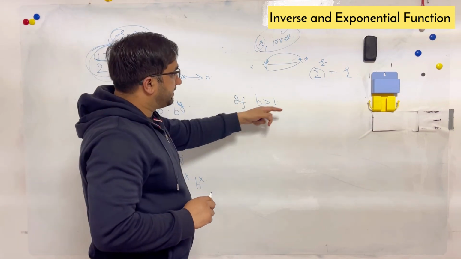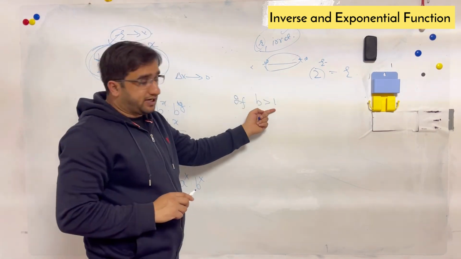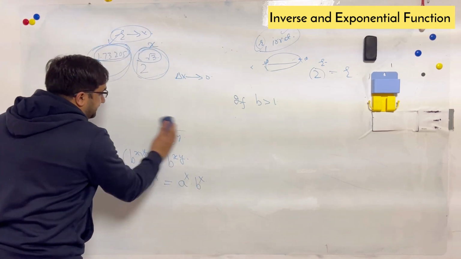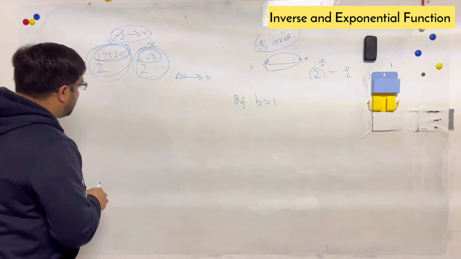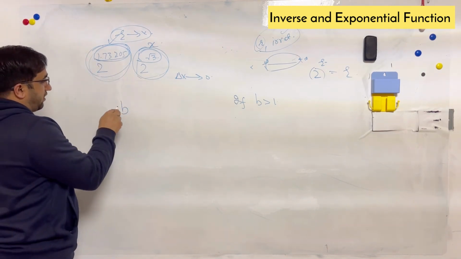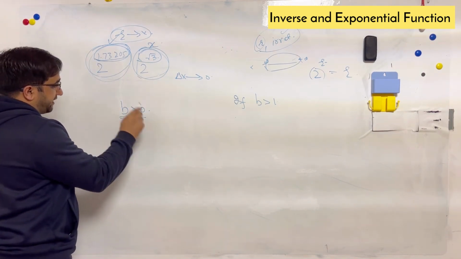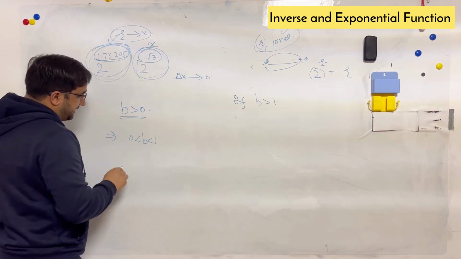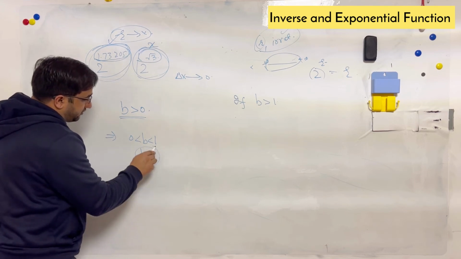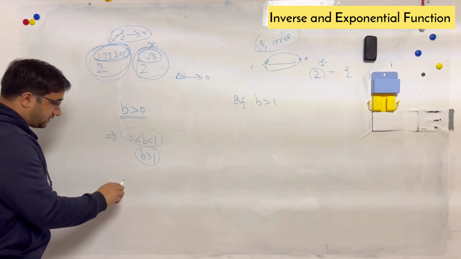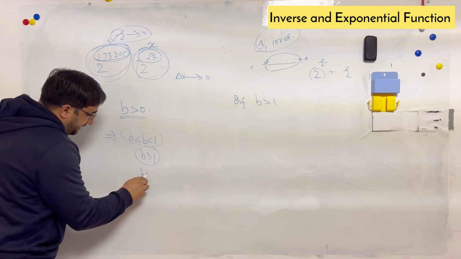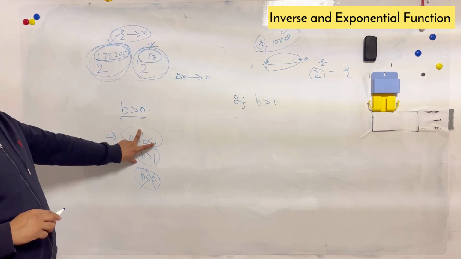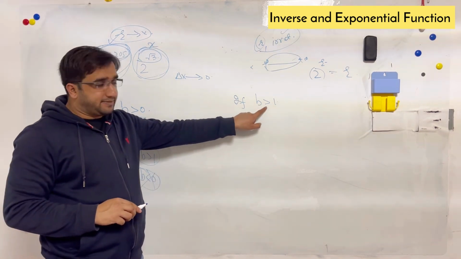So I told you that the base b is always greater than 0. What are the possibilities? It means b can be in between 0 and 1 and b can be greater than 1. So only two cases are possible. There is no possibility that b can be less than 0.